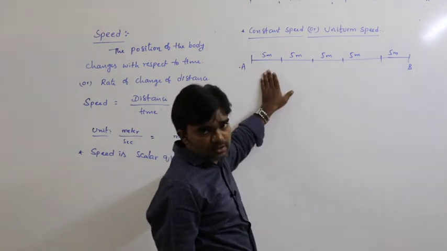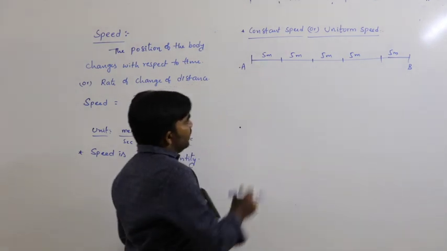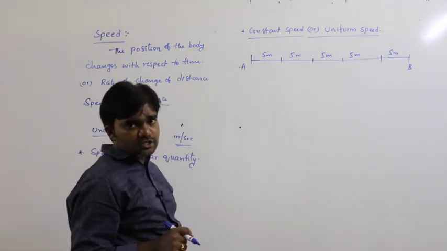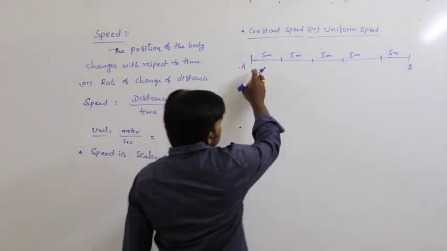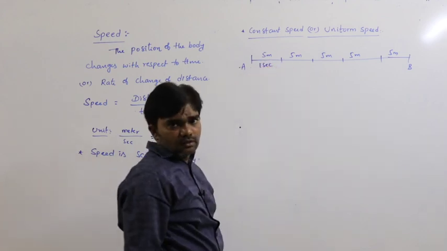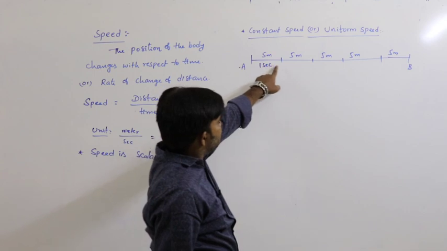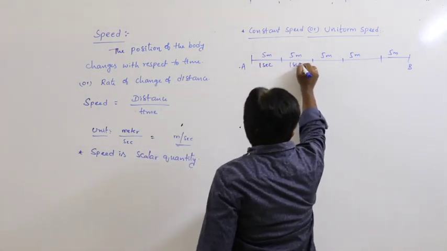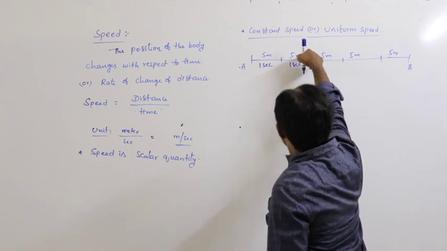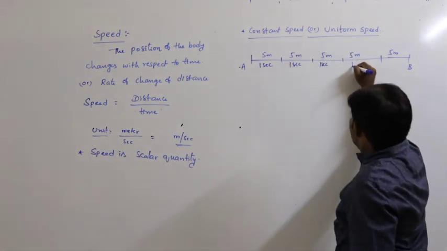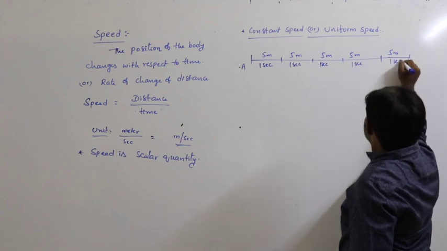Each part is 5 meters. Let us say the body starts at the point A. If the body takes 1 second to travel the distance of 5 meters, and here also the body takes 1 second to travel this 5 meters, and here also it takes 1 second to travel this 5 meters, and it is also 1 second.